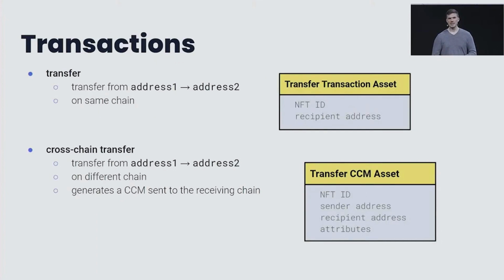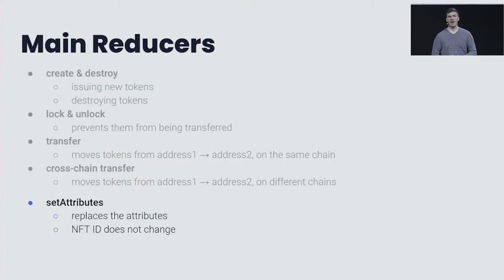And so to wrap up NFTs, we also have two transactions, which are the transfer transaction and the cross-chain transfer transaction. They behave exactly similarly as the one for fungible tokens. And for the reducers, we have all the same reducers, but one additional one used to set the attributes of the NFT. And so in your custom logic, you can call this reducer to set new attributes in the NFT.